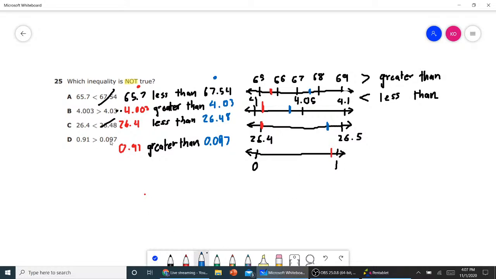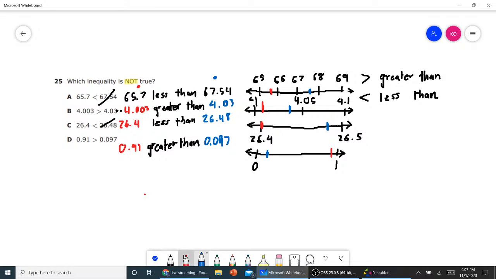And 0.097, as I said before, if you go farther from the decimal, then the number decreases in value. So this 0.097 is closer to 0.1. So we can just make the blue right here.